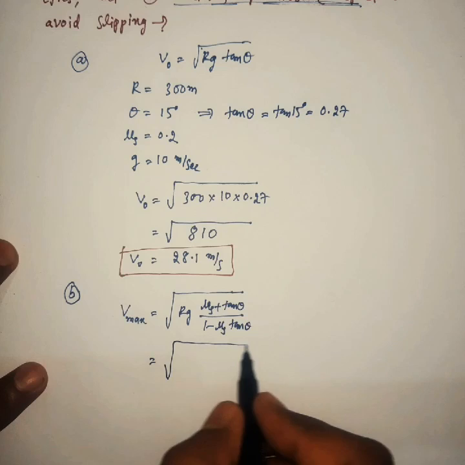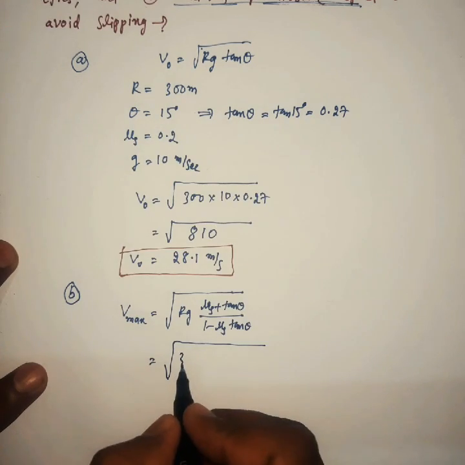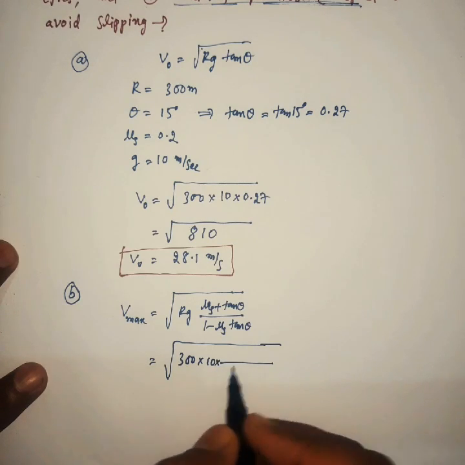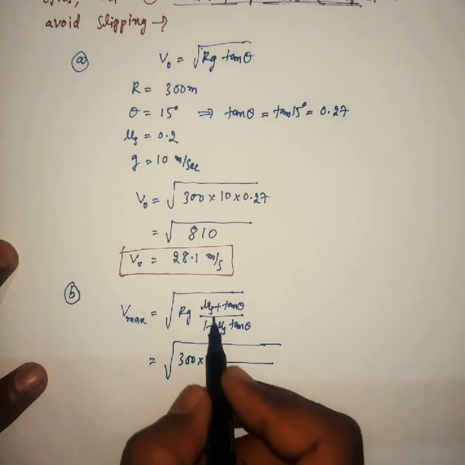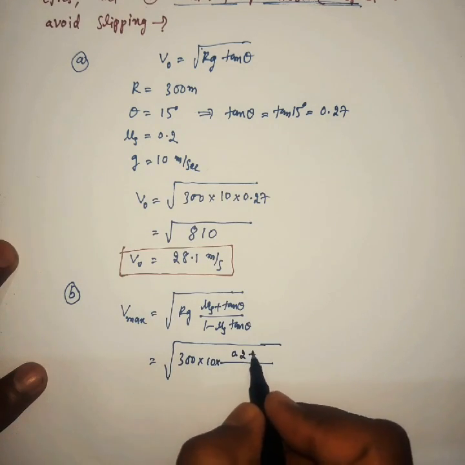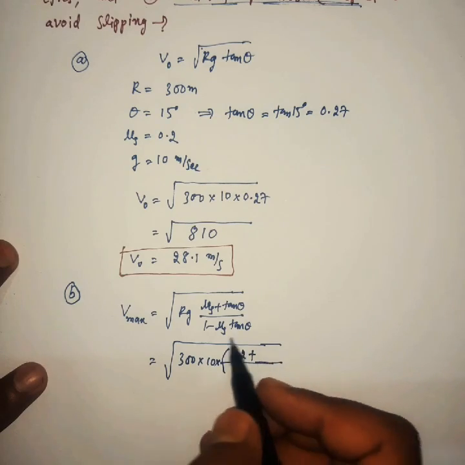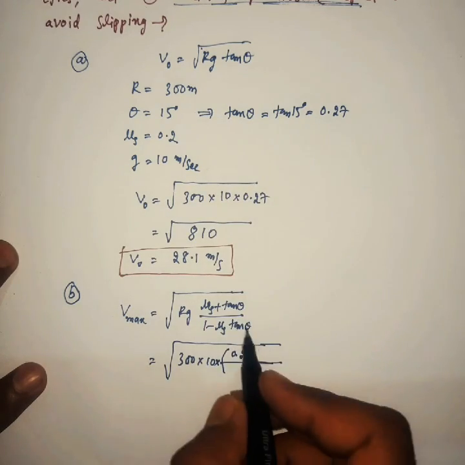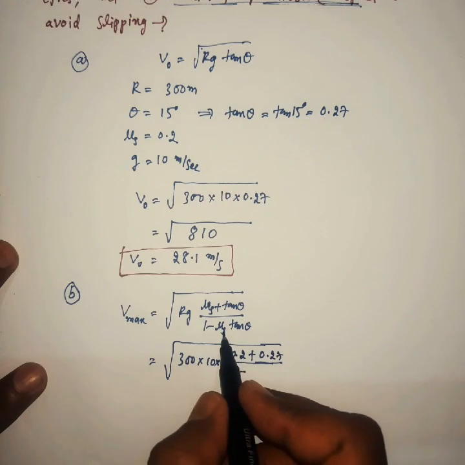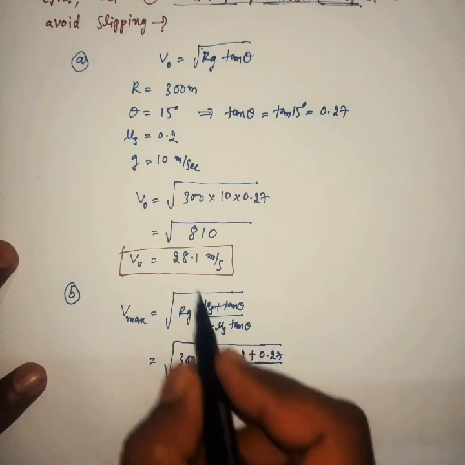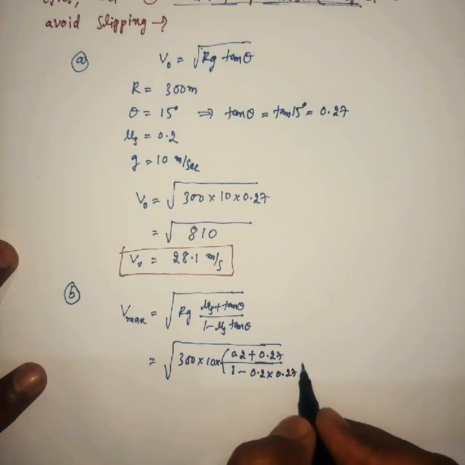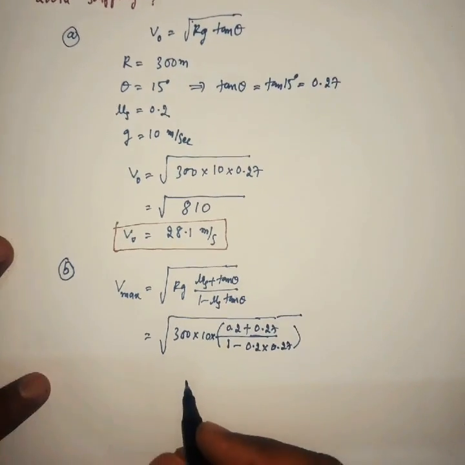R is equal to 300, g is equal to 10, into mu s is 0.2 plus tan 15 is equal to 0.27, by 1 minus mu s, which is 0.2 into 0.27.